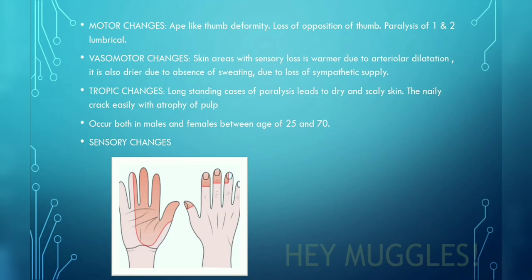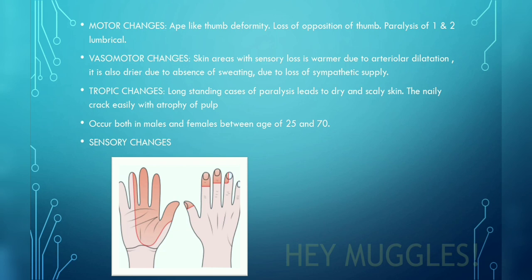Now, what are the clinical features of carpal tunnel syndrome? First are the motor changes. There would be ape-like thumb deformity. It is due to loss of opposition of the thumb because the muscles of the thenar eminence are paralyzed.